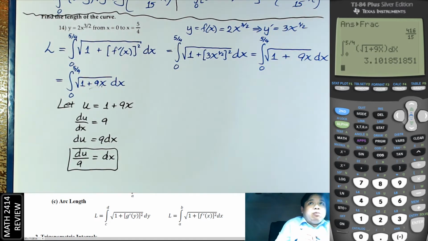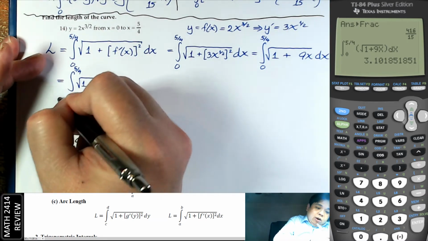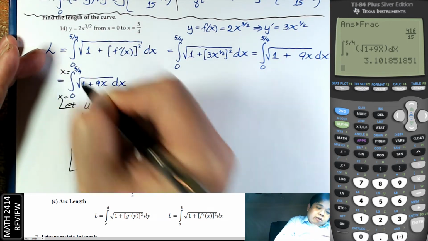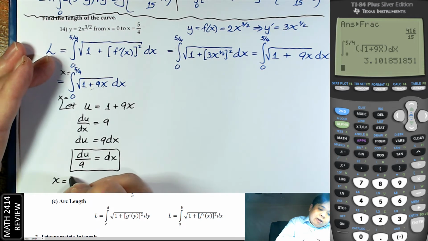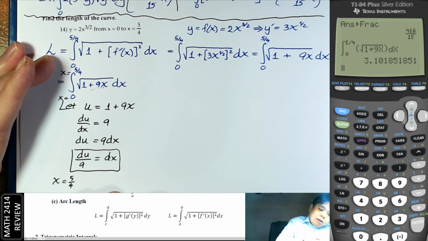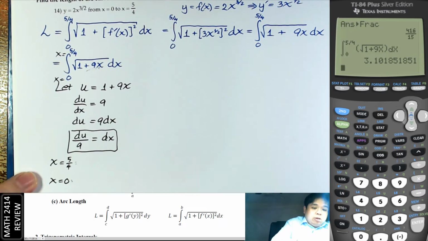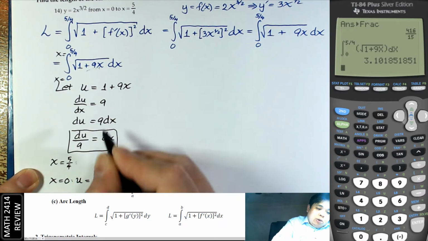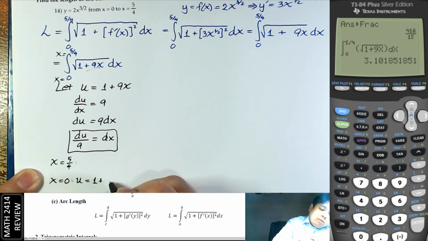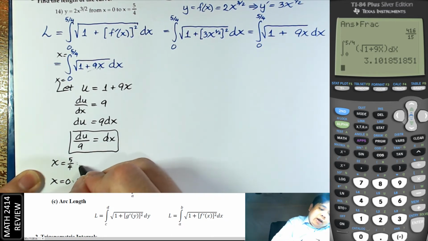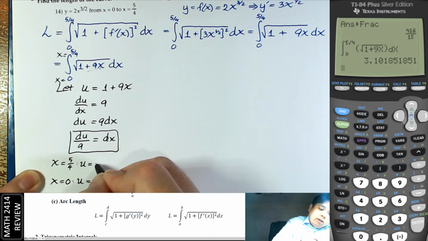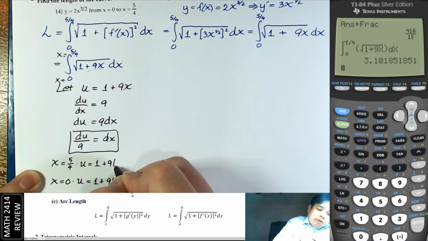Right, now as for the limits, originally x goes from 0 to 5 over 4. When x equals 0, u equals 1 plus 9 times 0, so that is 1. And when x equals 5 over 4, u is 1 plus 9 times 5 over 4.